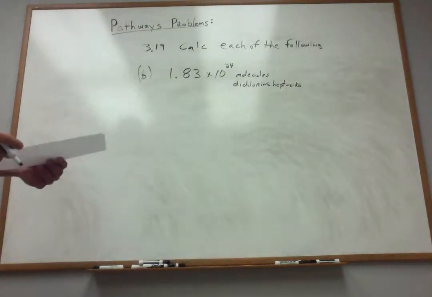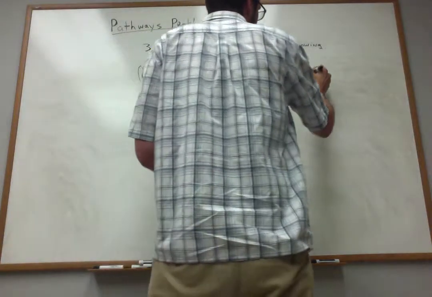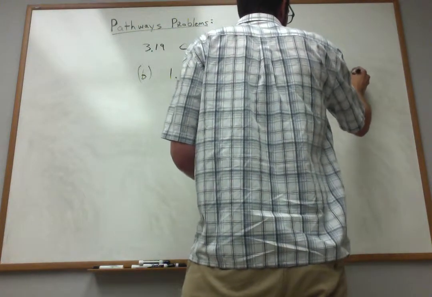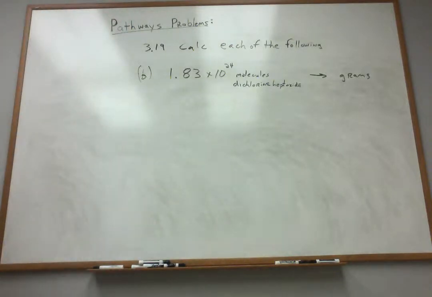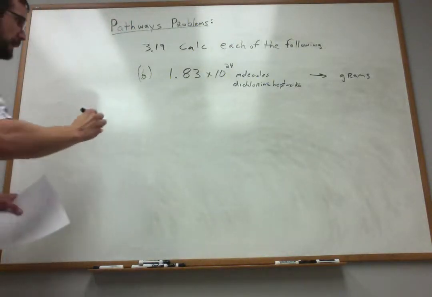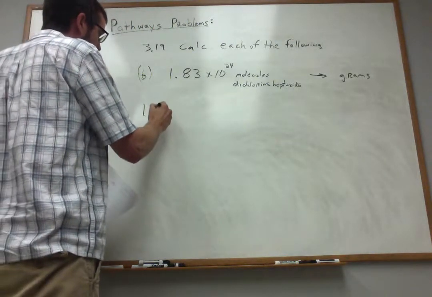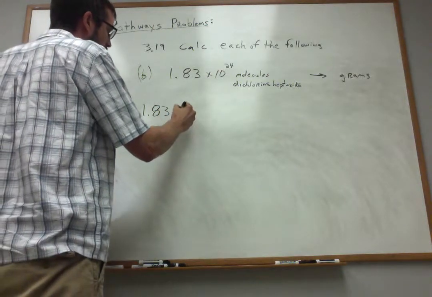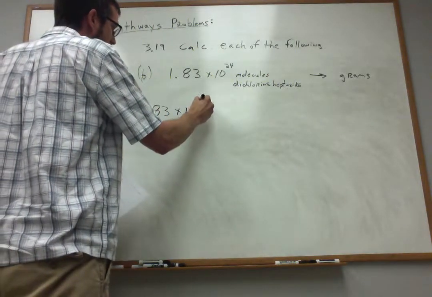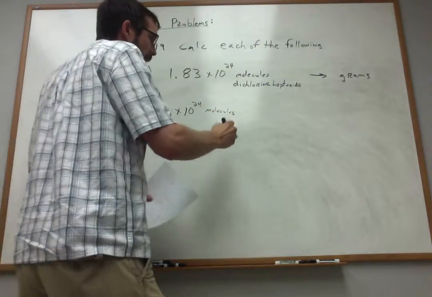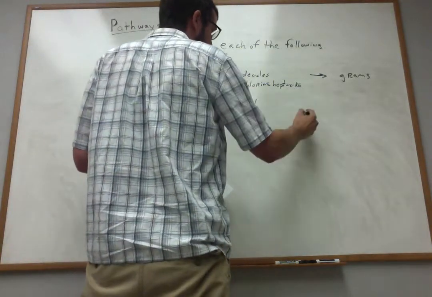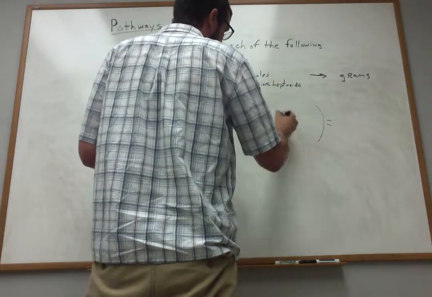And we want to convert that into grams. Okay. How do we do it? Well, start with the number that we know. Now, the first conversion hopefully is pretty straightforward.